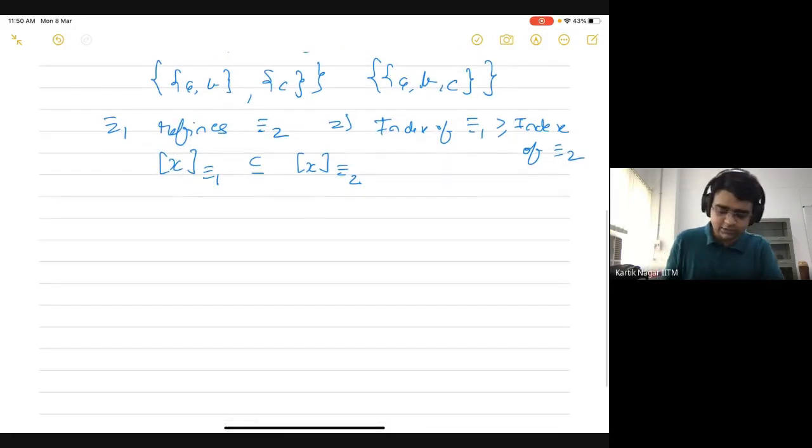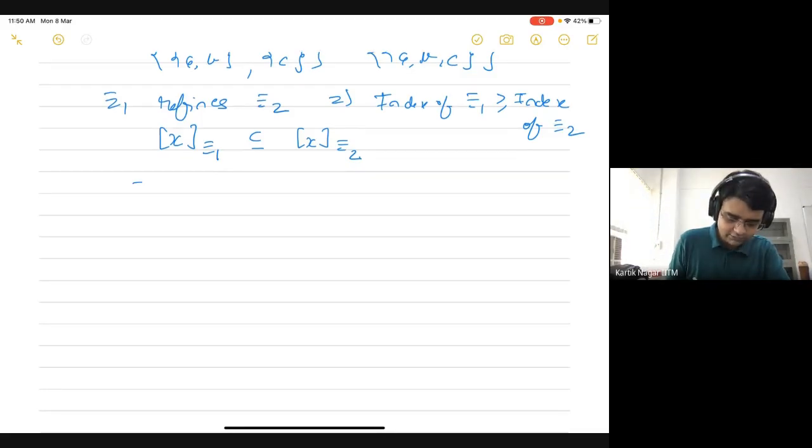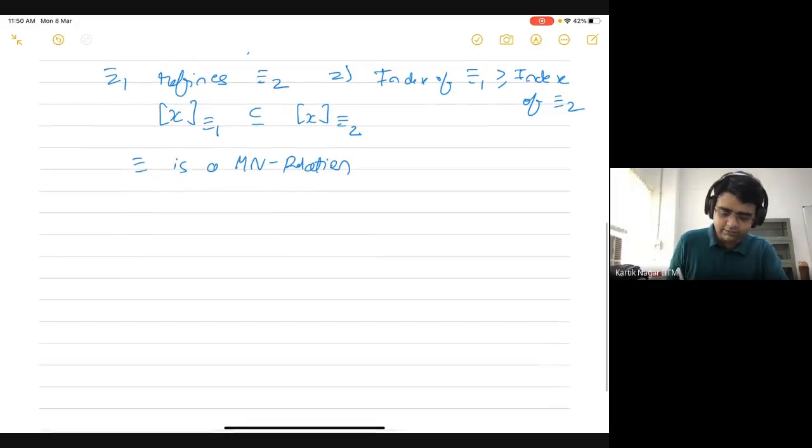So in fact, we also saw that one of the properties of an MN relation is that it refines R. Okay. So let's also formally state that. So if this is an MN relation, let's define a relation based on R, which simply says that two elements are related if and only if they are present in R. Okay.